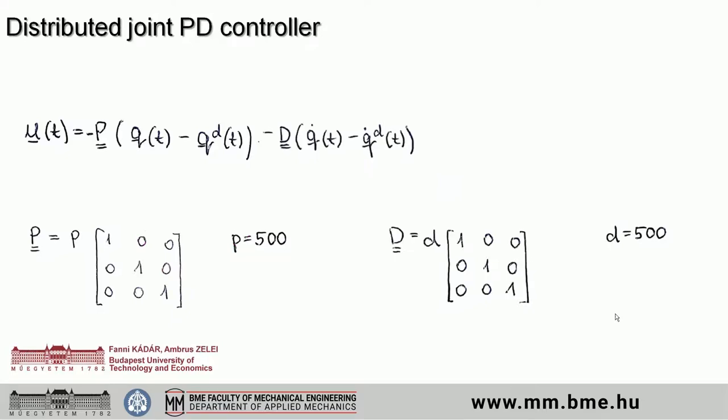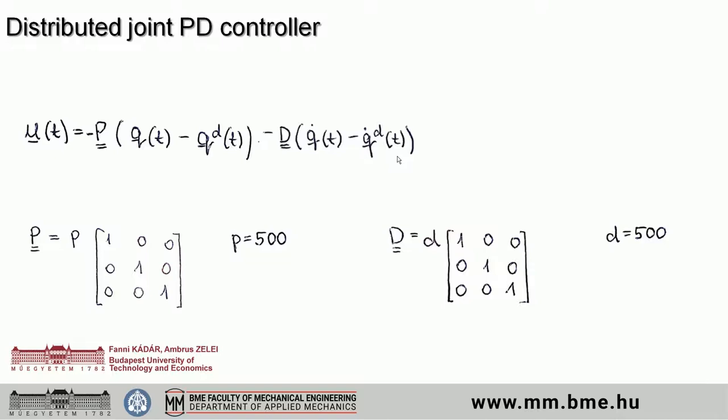First, let's try this so-called distributed joint PD controller, which is the abbreviation for proportional-derivative feedback controller. The control input is calculated purely based on the positioning error, q minus q desired, and the time derivative of the positioning error, q dot minus q dot desired.